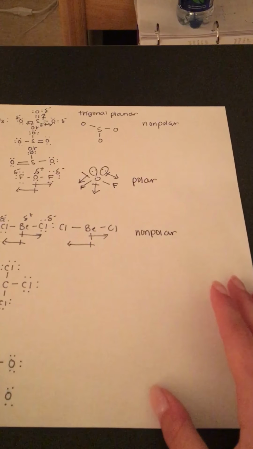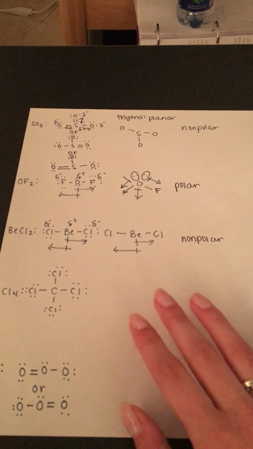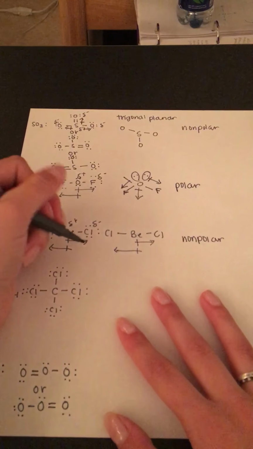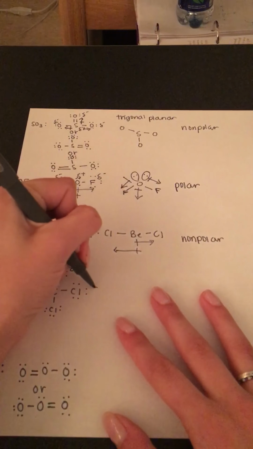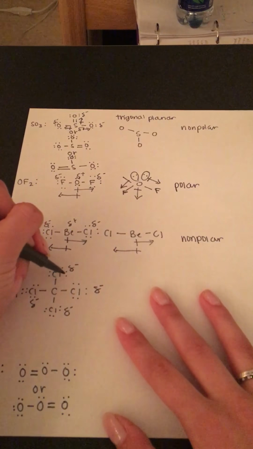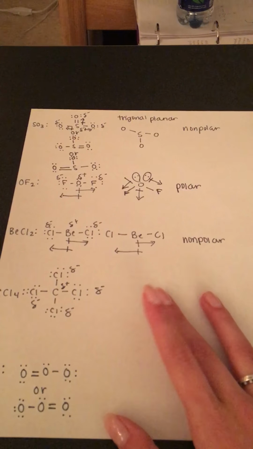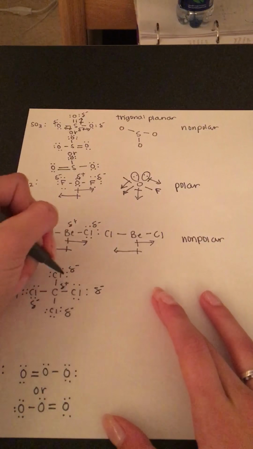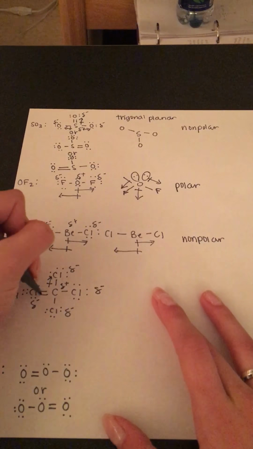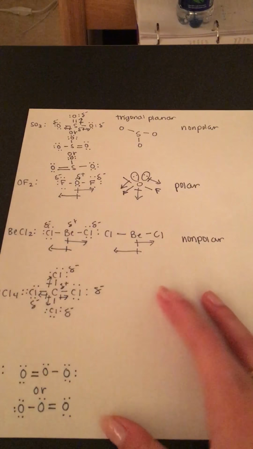So for CCl4, we have Cl, which is going to be the more electronegative, and then your central atom is going to be more positive. So that means that all the dipoles are going out towards the Cl atoms.